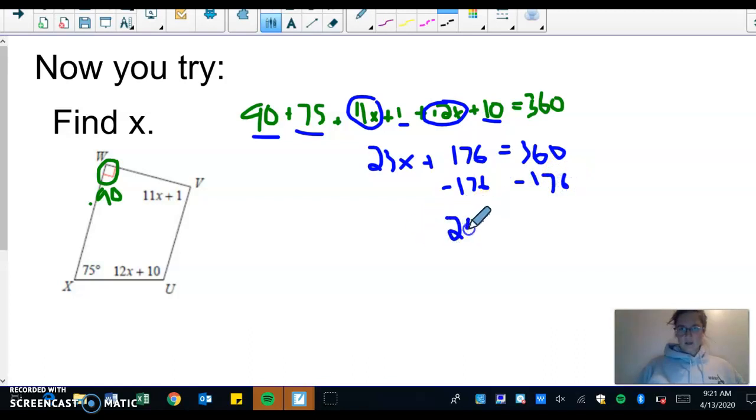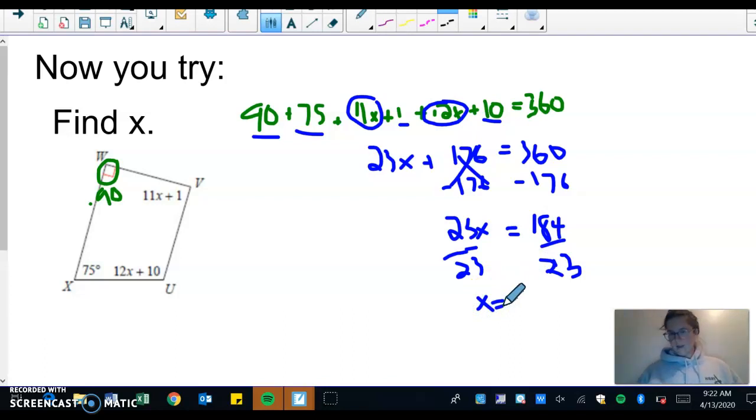So you have 23x, because these cancel out, equals 360 minus 176, which is 184. And then divide by 23. X equals 8. Now you're not done yet.